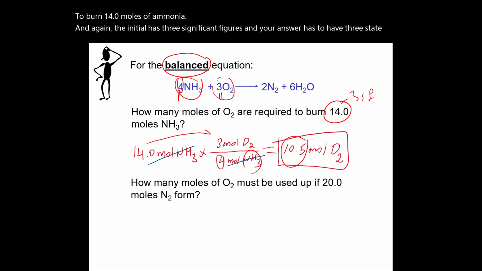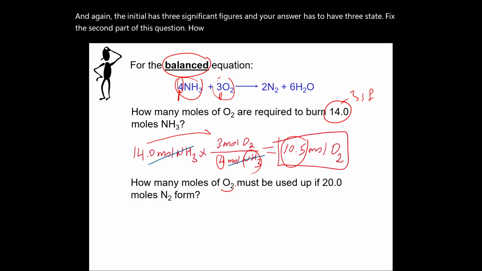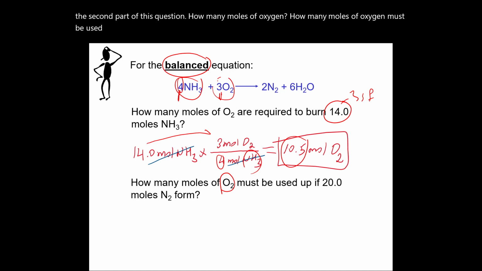The second part of this question, how many moles of oxygen must be used up if 20.0 moles of nitrogen form? So again, here we compare those two.